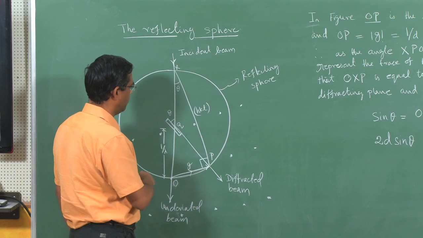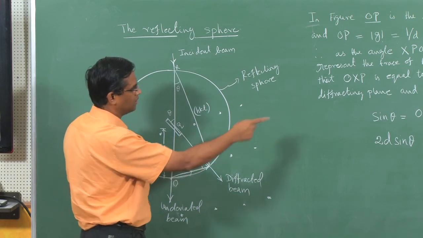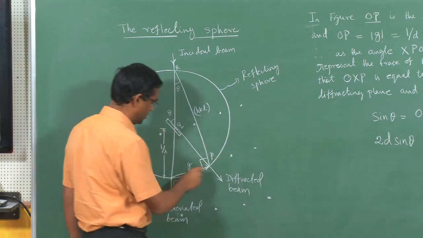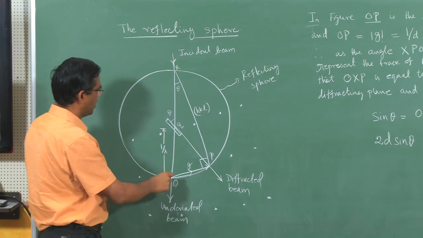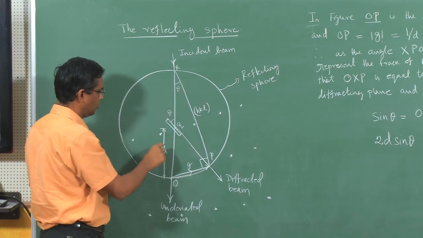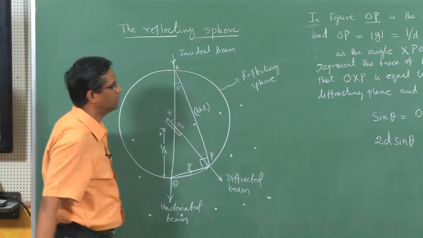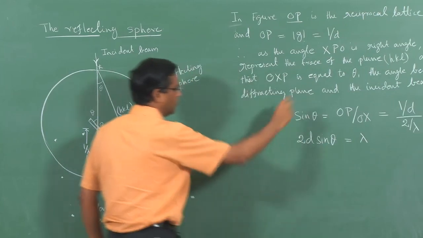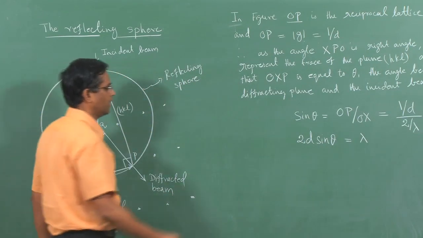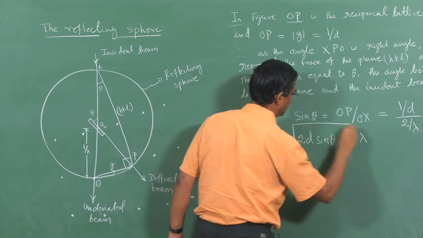How do we define the OP here? OP is G, which is nothing but 1 by d, and OX is nothing but 2 by lambda. This is 1 by lambda, so this is 2 by lambda. So we have written like this. If you rearrange this, then you get the standard Bragg's law.